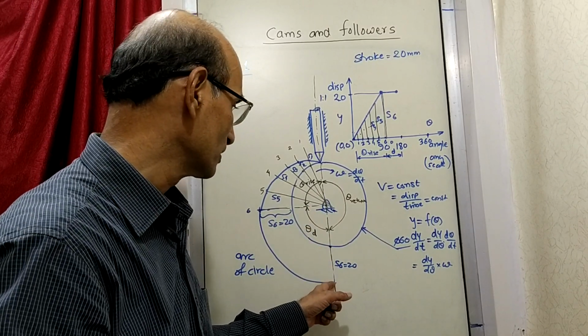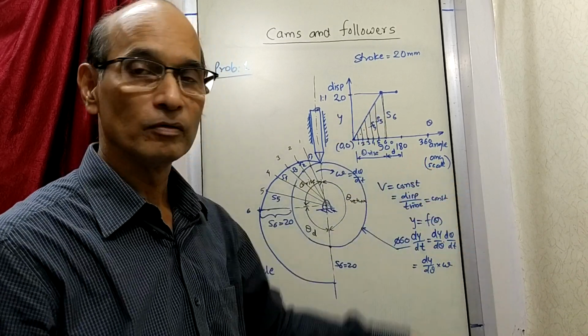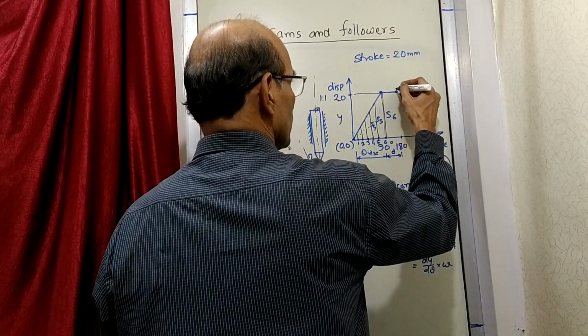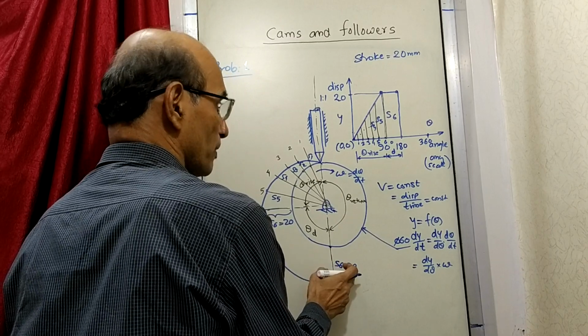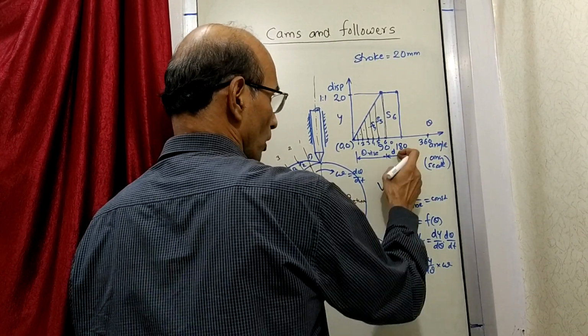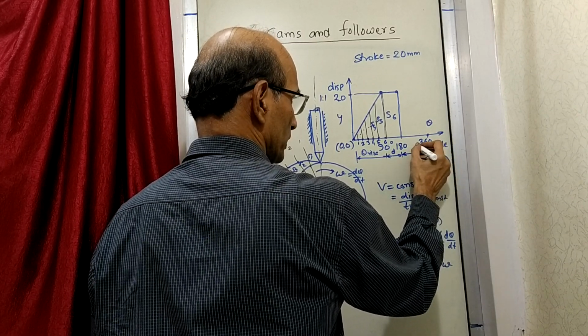Then next, from here till here it is going to come down with a uniform velocity. This is line number 6, which is 20 mm. Line number 0 is here, and this is 180 degrees, theta return.